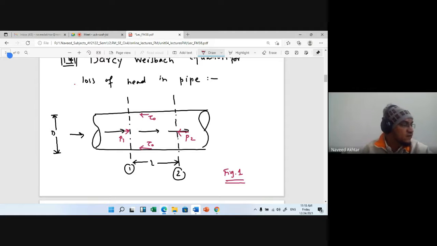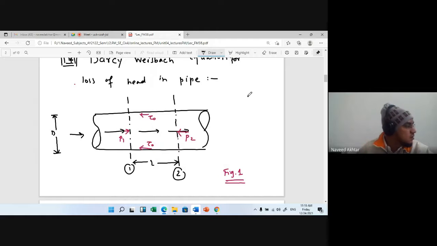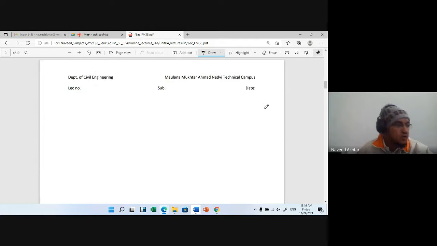Okay, so we will come to the head loss between these two sections, the Darcy Weisbach equation for loss of head. Flow through a pipe is characterized as a pressure flow, as the flow is taking place at the expense of pressure energy and it is opposed by frictional resistance at the pipe wall.